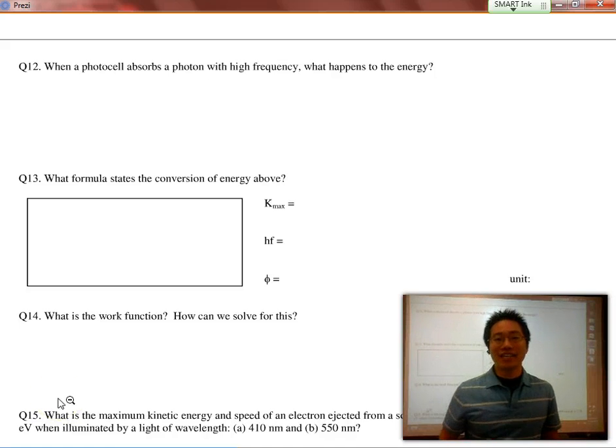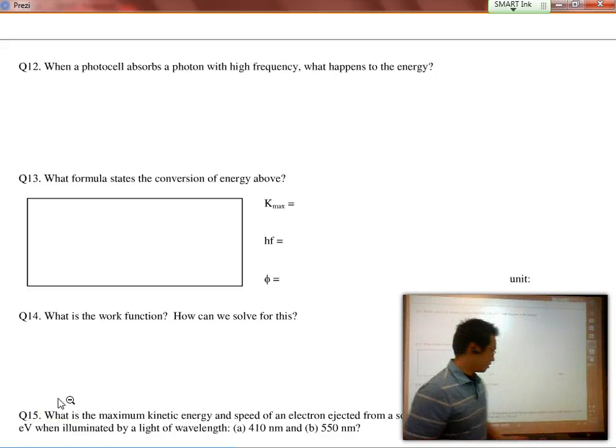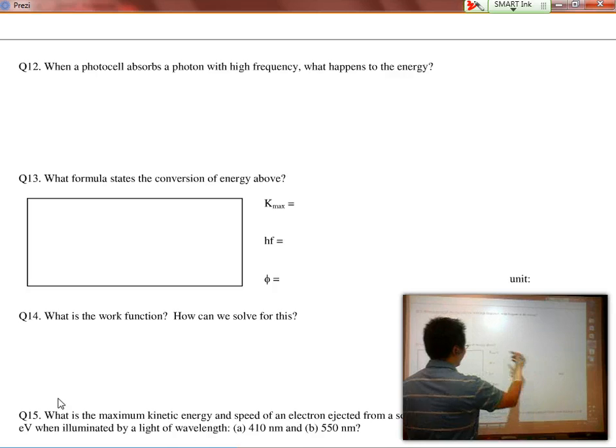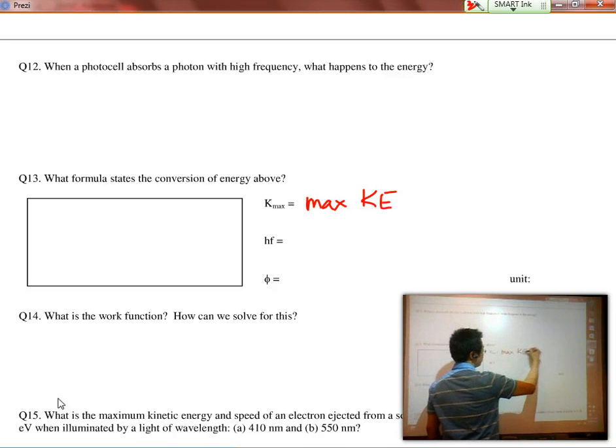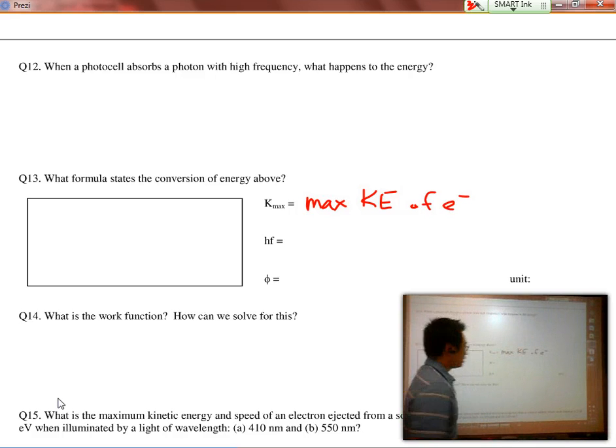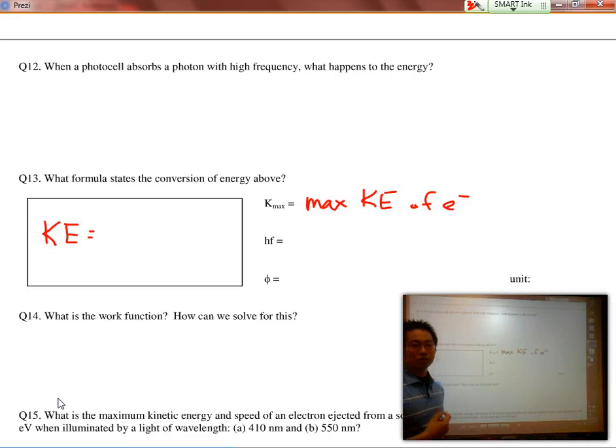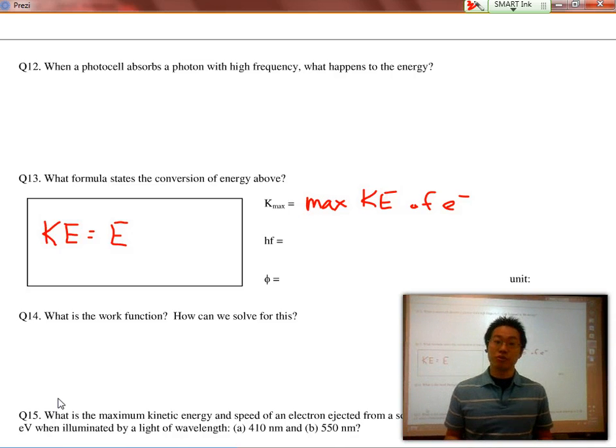But taking into account the idea that ultimately the maximum kinetic energy of the electron is equal to the energy of the photon itself minus however much energy was used to free the electron in the first place.